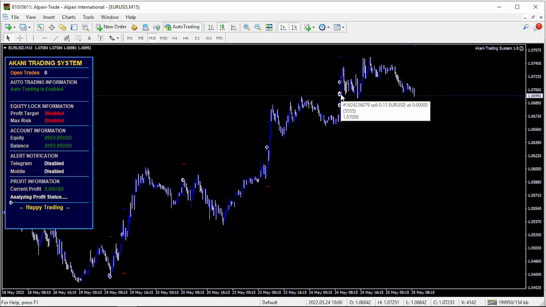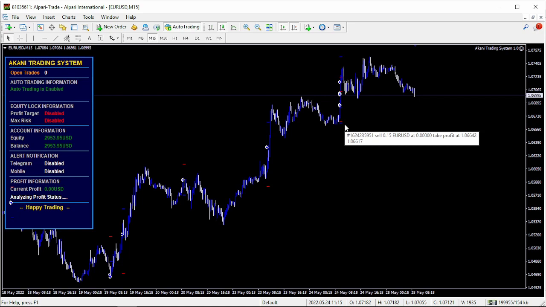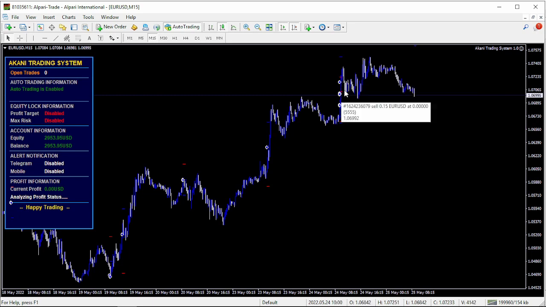Whenever the market makes huge moves like this, the Akani trading system tends to end up in losses, which we have seen, and then we had to integrate the Eve strategy into it, because Eve is more like the opposite of the Akani trading strategy. So where the market makes moves like this and we're supposed to make a lot of losses, we tend to recover those losses with our Eve strategy.